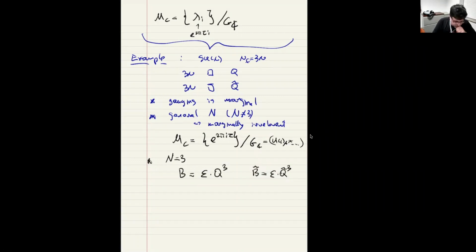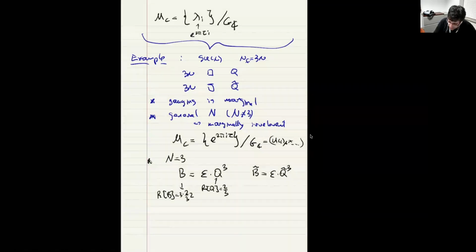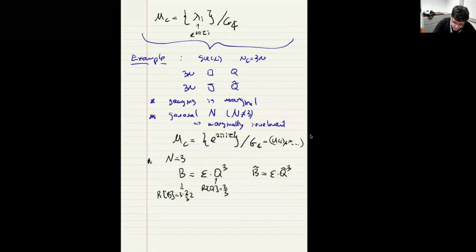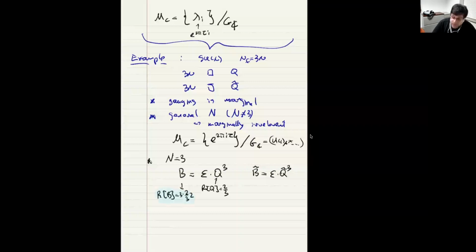The reason these operators are marginal is that at the free point, the Qs have R charge equal to 2/3. So the baryon operators have R charge equal to 3 times 2/3, which is 2. And the same holds for the antibaryons. So these operators are marginal.